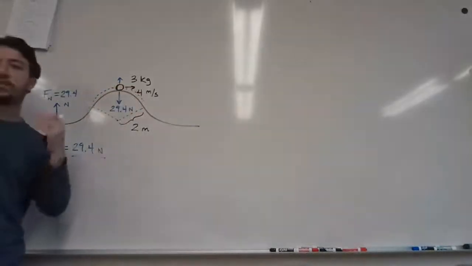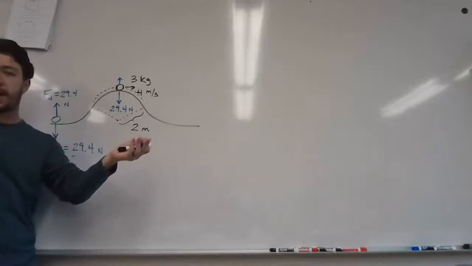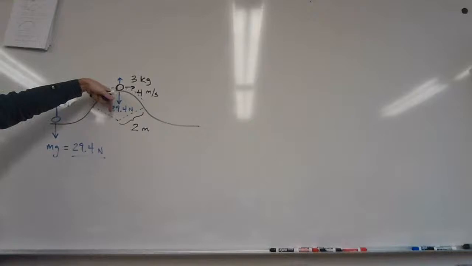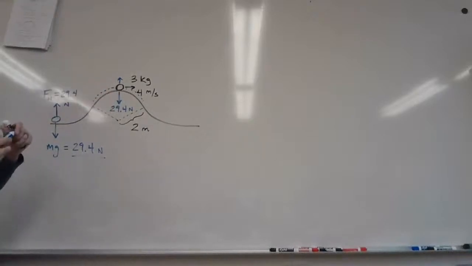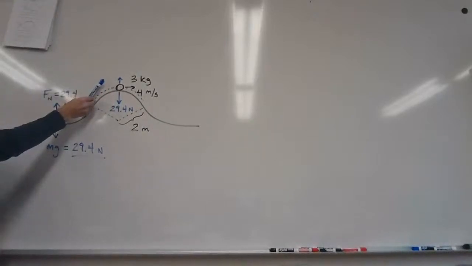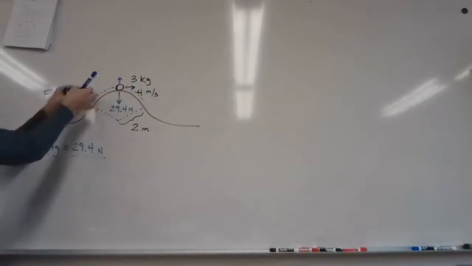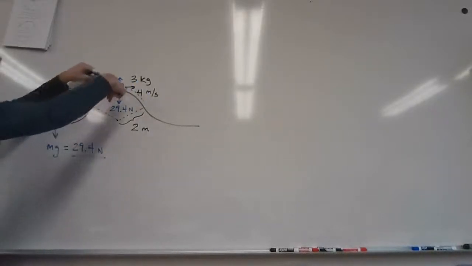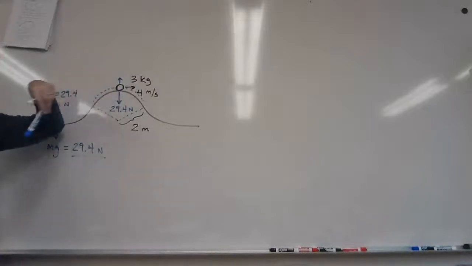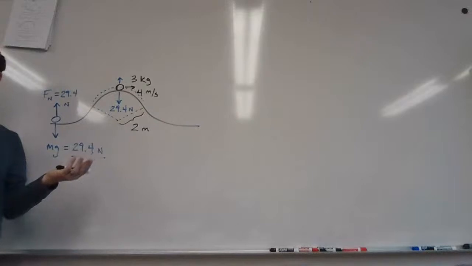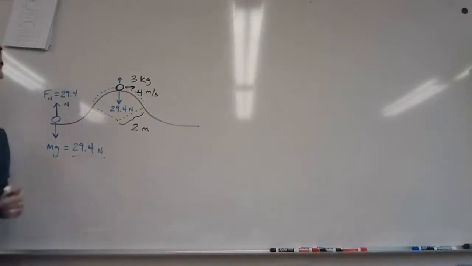So I know that in order to maintain that circular path, the net force must be pointing right. Because look at the velocity vector. The velocity vector was pointing this way, then this way, then this way. So something must have been pushing that velocity vector towards the center of the circle as the ball moved through the path. Does that make sense?